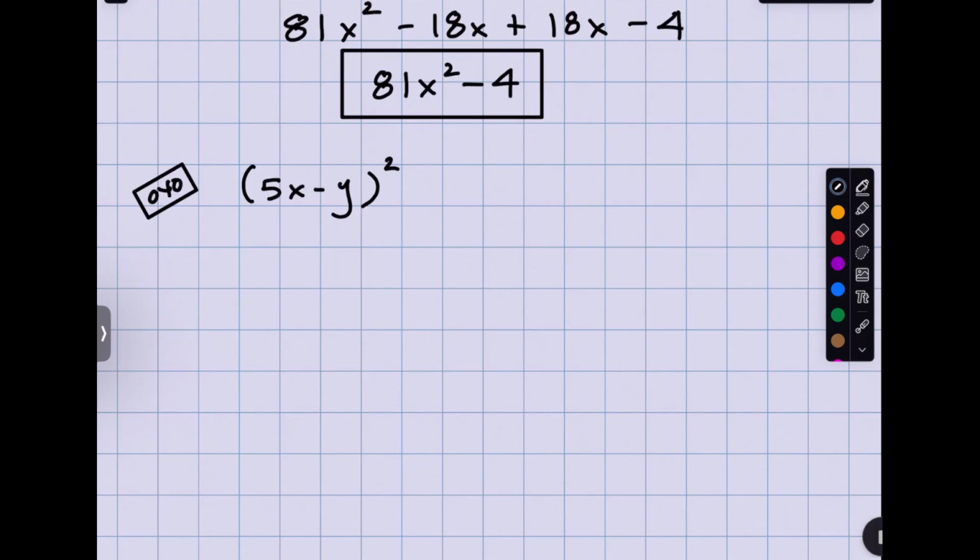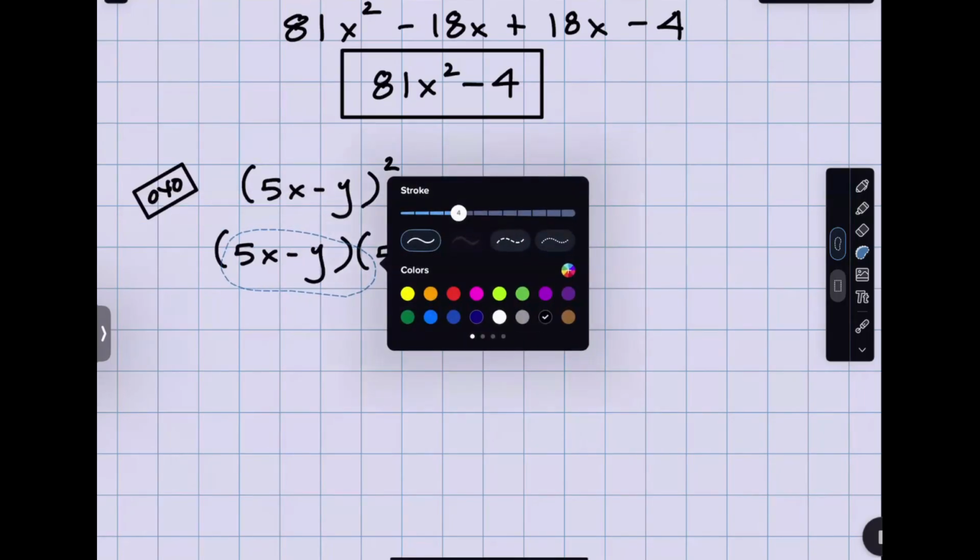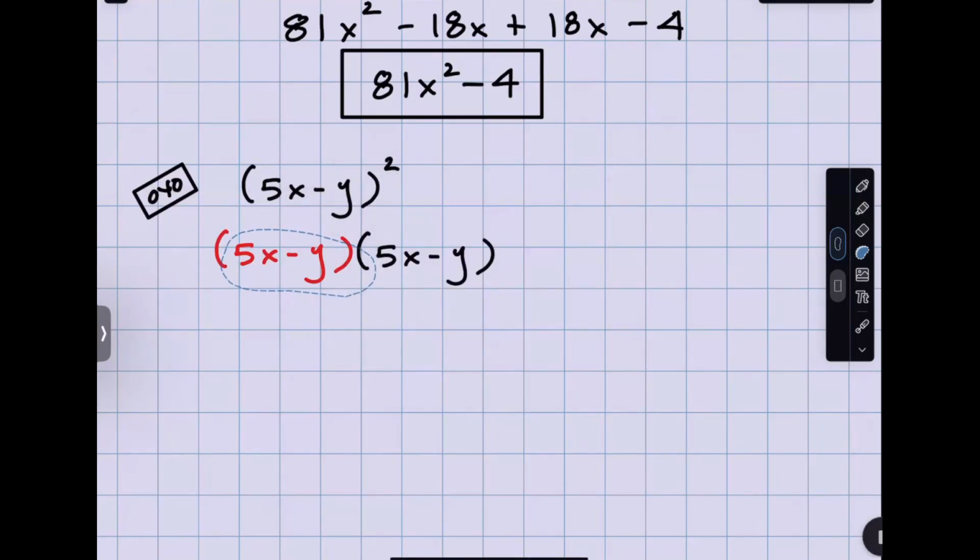So we just said that the power is attached to the parentheses, so that means we got to write this out twice. Which means what? I have to double distribute.